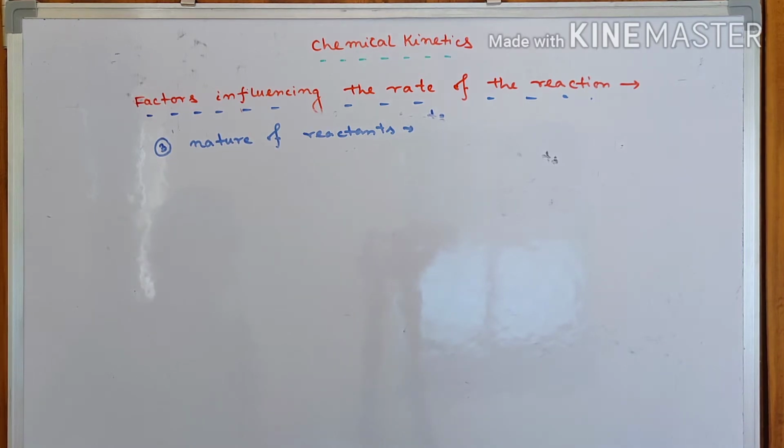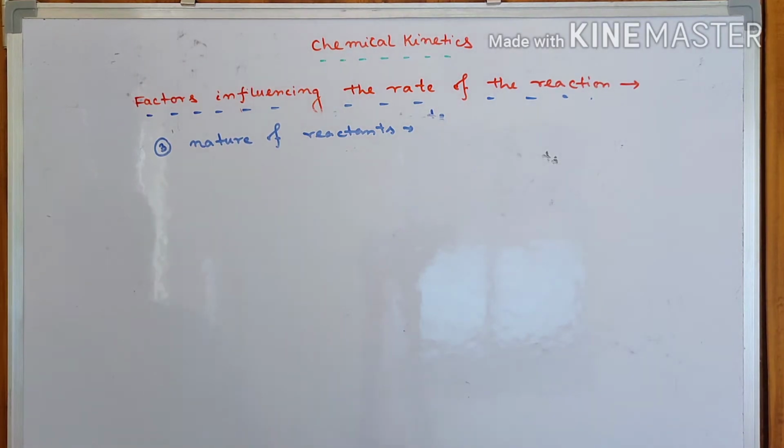Remember, a chemical reaction involves the breaking of old bonds and the formation of new bonds. So how easily the bond breaks and how easily the new bond will form, this will be the chemistry behind this. So it is not the same everywhere.